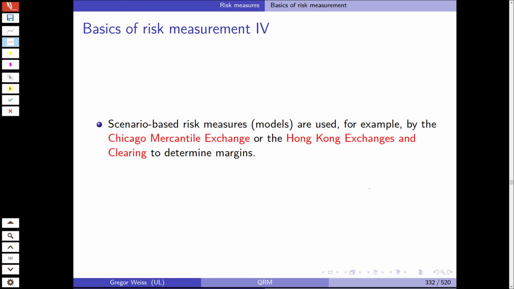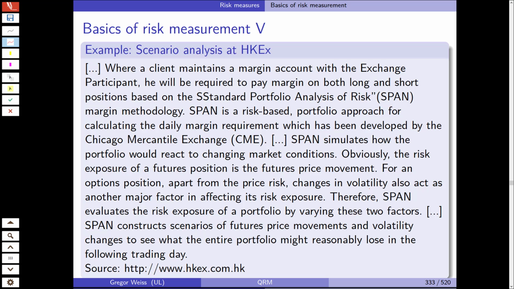Such a scenario-based risk measure model is actually used, for example, by the CME or the Hong Kong Exchanges and Clearing to determine margins, to calculate the amount of money that traders have to keep in their margin accounts. For example, they say where a client maintains a margin account with the exchange participant, he will be required to pay margin on both long and short positions based on the, there's one S too much here.